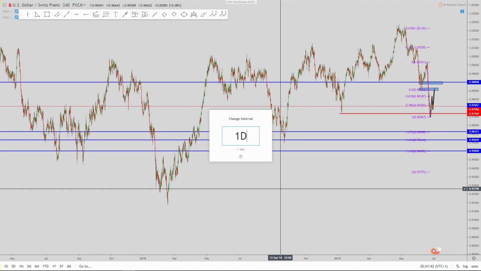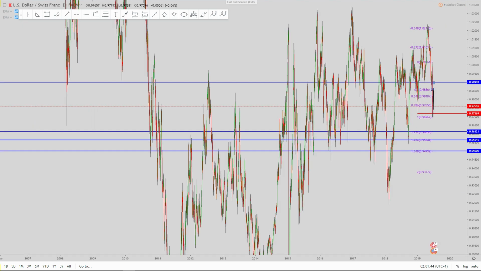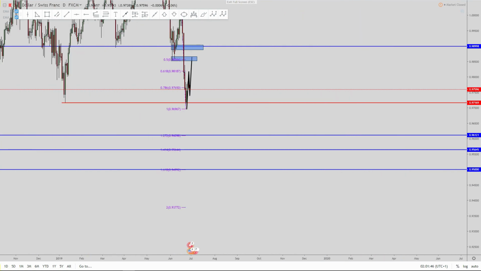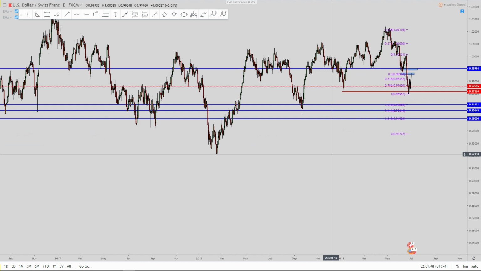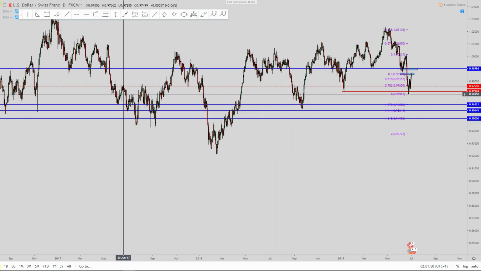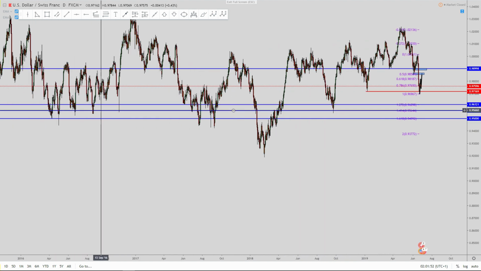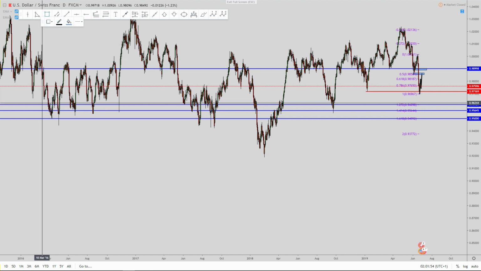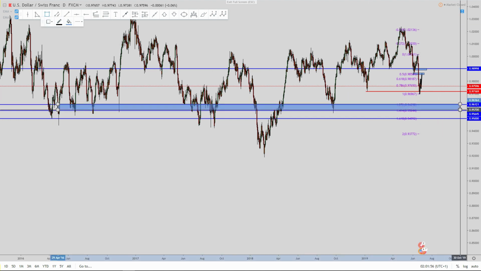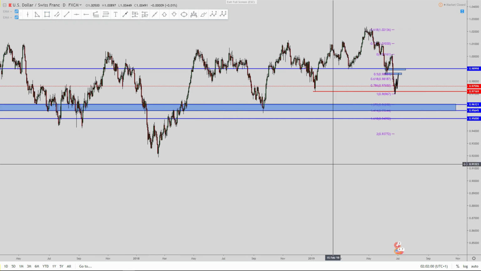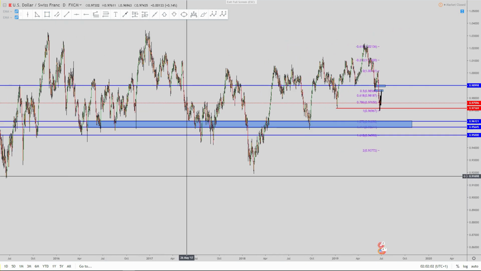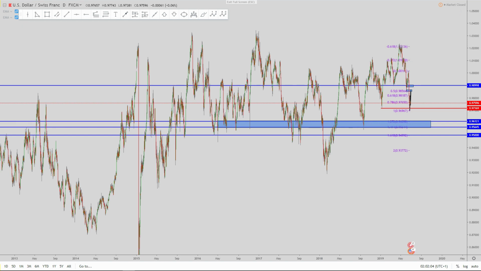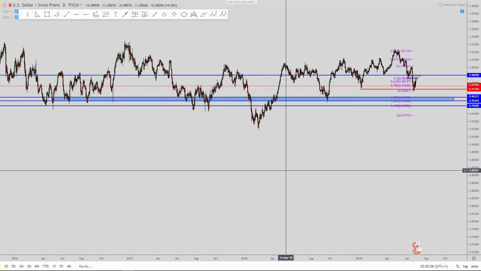If we jump out to the daily, you can see that that little zone there would be an ideal place, and you would imagine you would see a reaction, some buying coming in off that level.